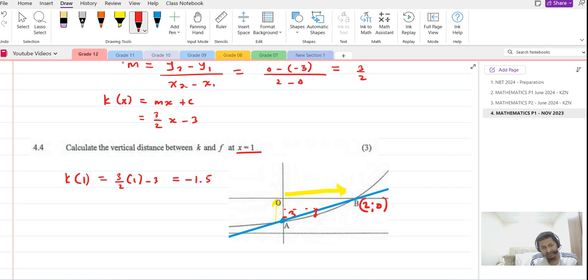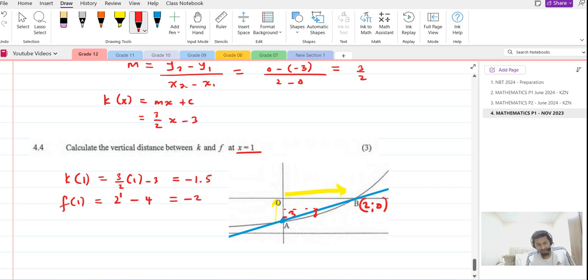And if you work out f of 1, the exponential function, that's 2 to the power 1 minus 4, which is 2 minus 4, negative 2.